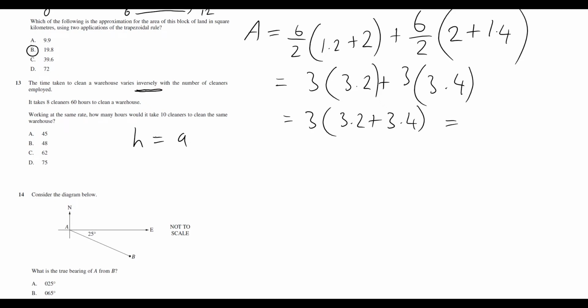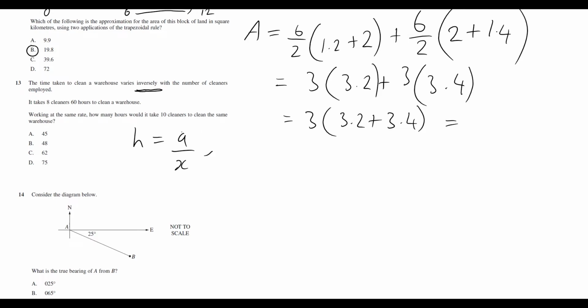So what we want to do is we want to say, let's have H as the amount of hours. A is going to be some constant, and then X is going to be the number of cleaners. So here, what we have is an inverse relationship, as we should remember from our study of reciprocal functions. All right, so our first mission should be to determine what this constant A actually is.